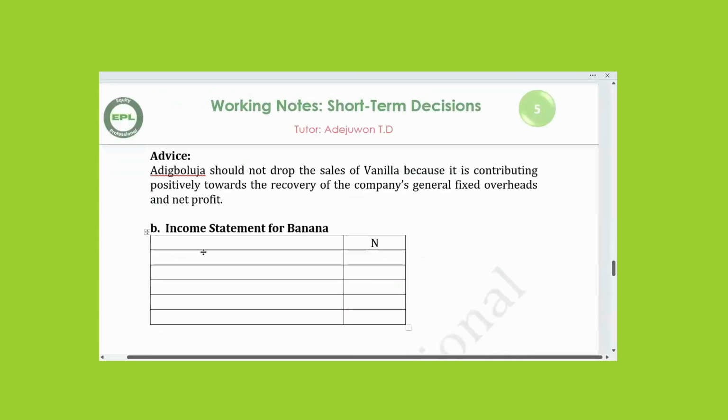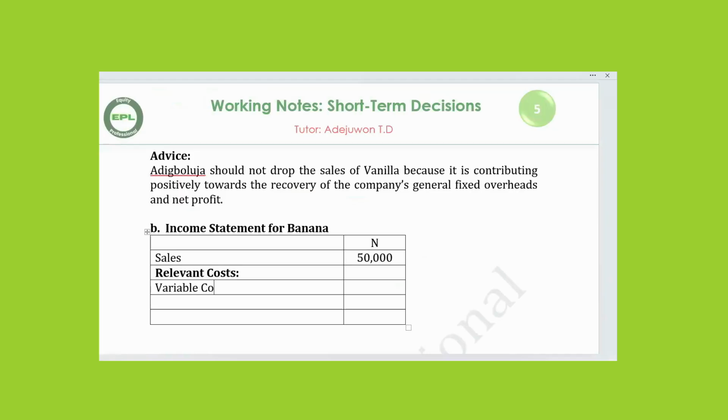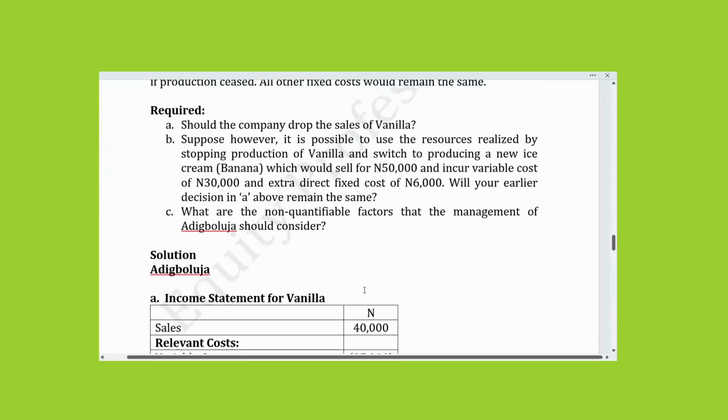In this case, the sales value, according to the question, for banana is 50,000 naira. You then compare this with the relevant costs of making banana. What are the relevant costs? We are given variable costs of 30,000 naira. Is it 30 or 35? I think it's 30. Let me check. Yes, 30,000 naira.